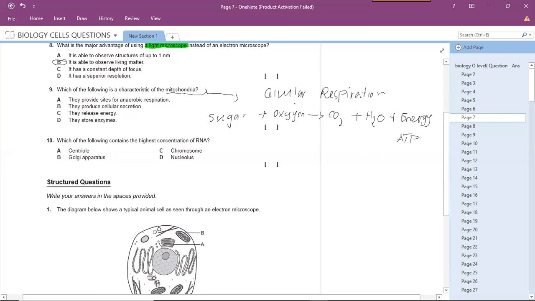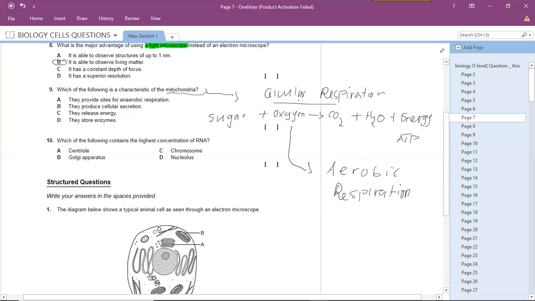And because cellular respiration uses oxygen, it becomes aerobic respiration. Aerobic means it's utilizing oxygen. Aerobic respiration is the oxygen-dependent type of respiration.